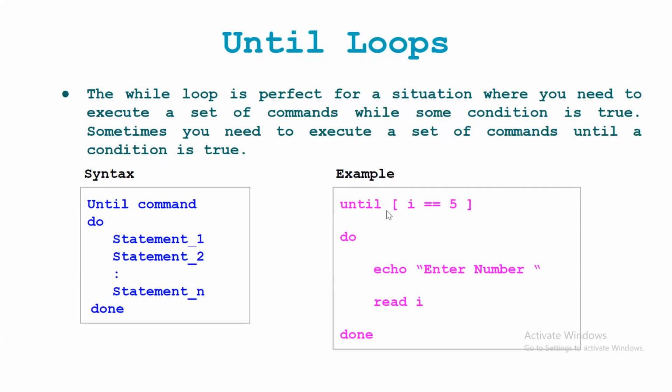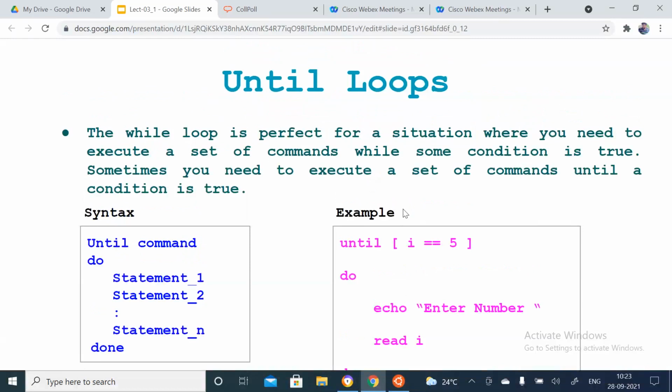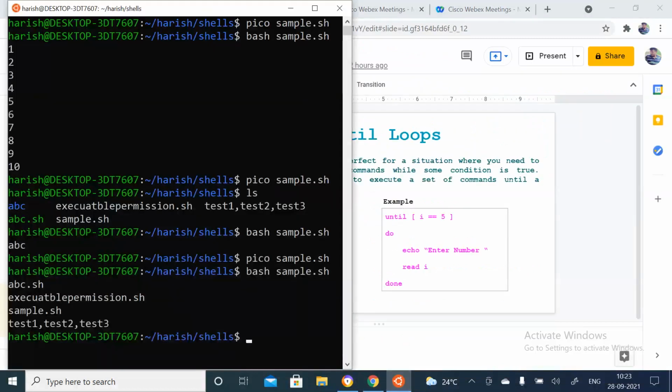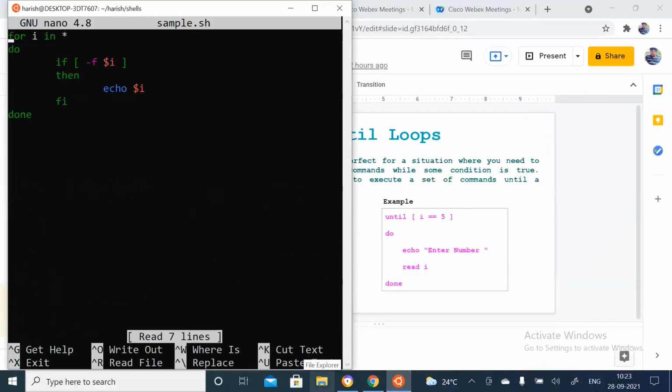So this is the example. If I equals 5, then what we do in the while, I'll take the same example. Simply, I'll use until I equals 5.